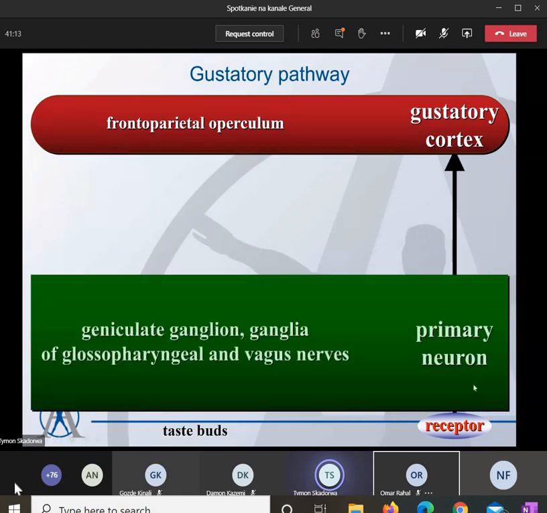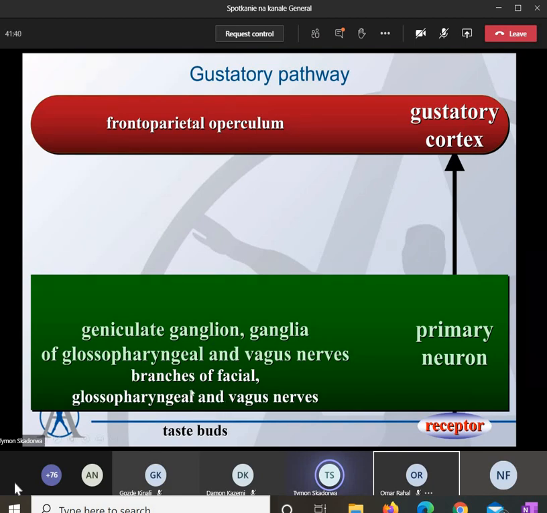So the primary neuron is actually composed of different cranial nerves, because the tongue is innervated by the facial nerve, and here we have the geniculate ganglion, by the glossopharyngeal nerve for the posterior part, and the vagus is also a nerve that forms the primary neuron.